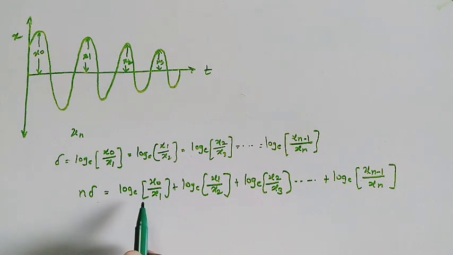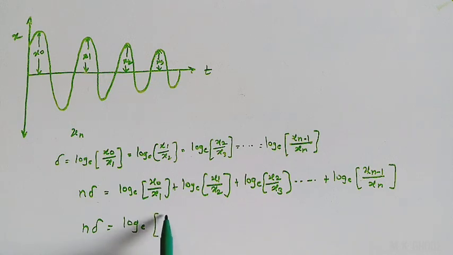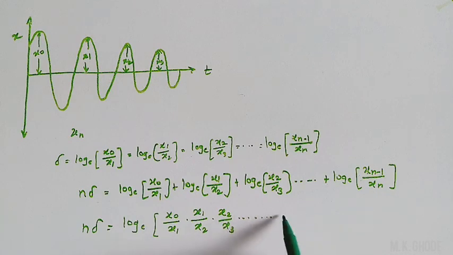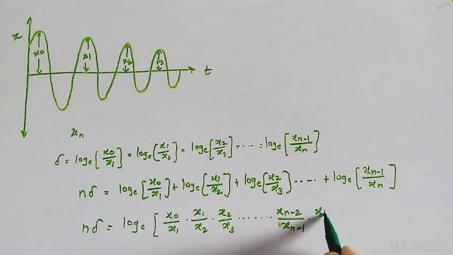We know log a plus log b is log of a into b. Using that formula, n into delta will be log to the base e of x0 upon x1 into x1 upon x2 into x2 upon x3 and so on, into xn minus 2 upon xn minus 1 into xn minus 1 upon xn.